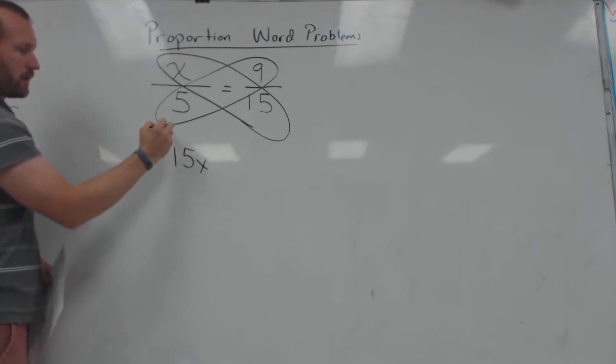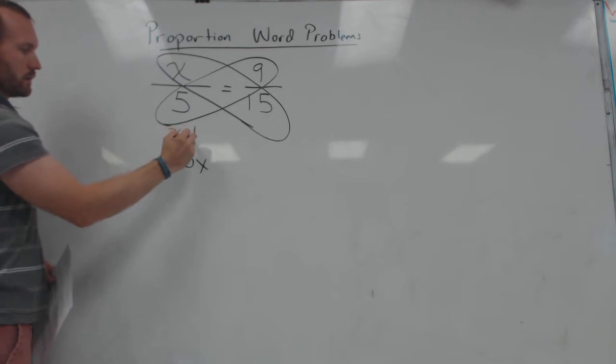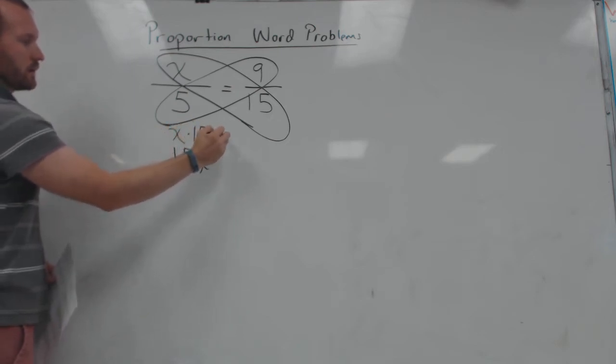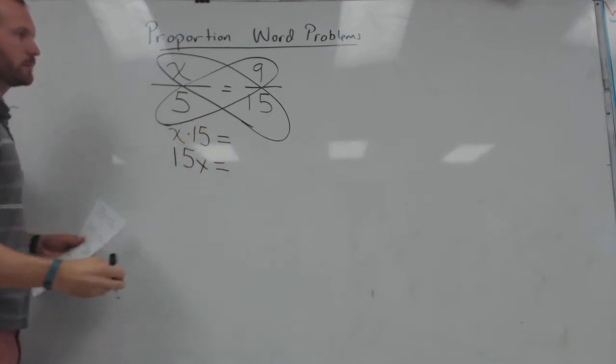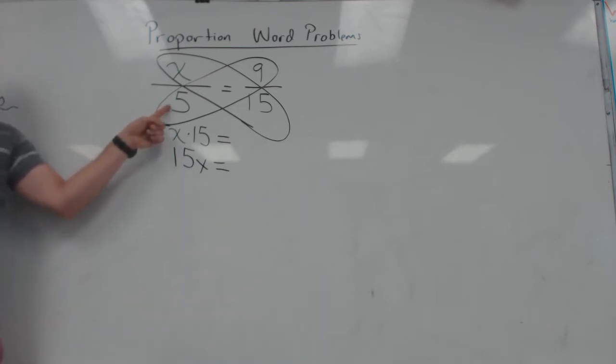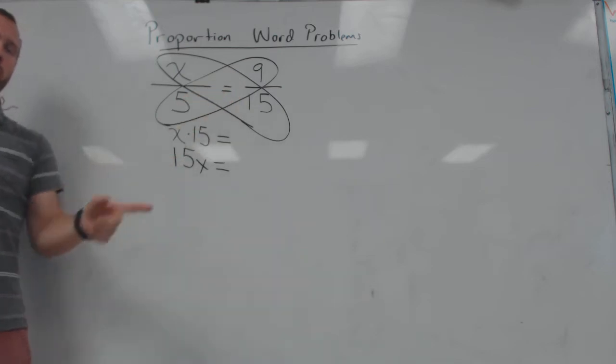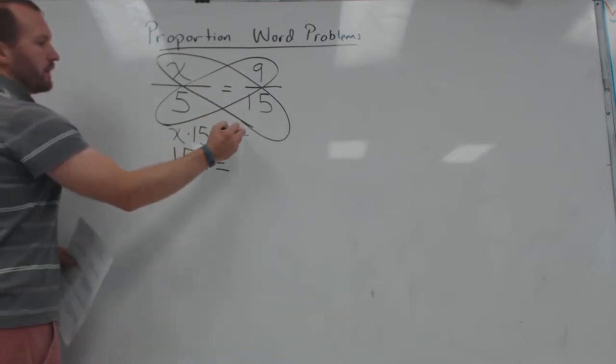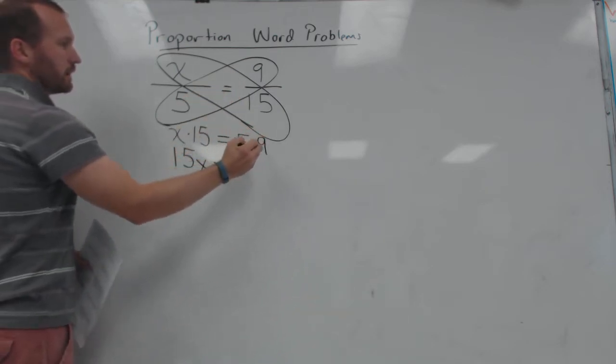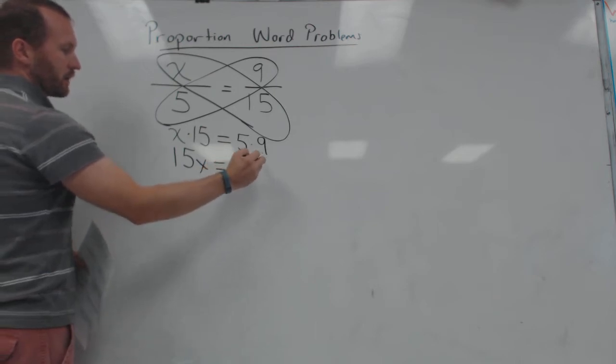I'll write it here as it looks. Then we put an equals sign, and then we do the bottom of the left-hand side times the top of the right-hand side. So that's 5 times 9, which is 45.